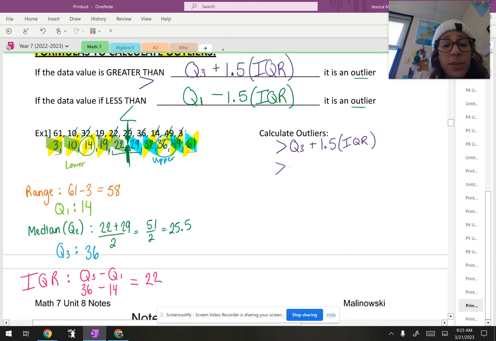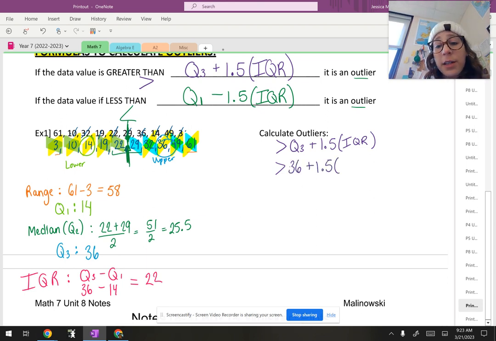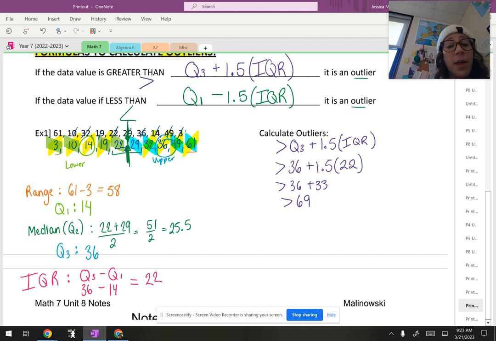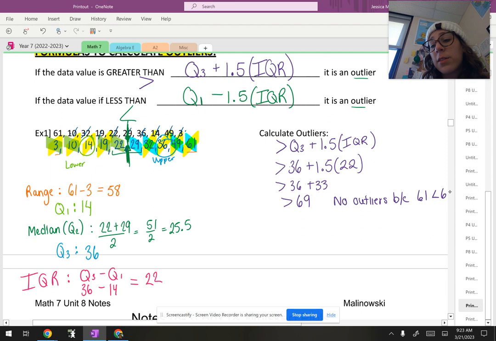Q3 was 36 plus 1.5 times the IQR we found to be 22. 1.5 times 22 is 33. 36 plus the 33 gives me 69. So are there any data values that are greater than 69? There are not. The largest one we get to is 61, so there are no outliers. No outliers because 61 is less than 69.